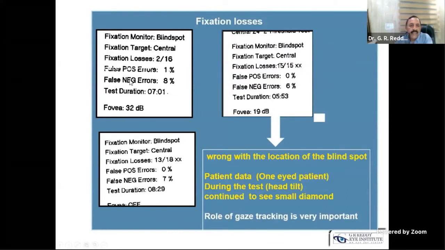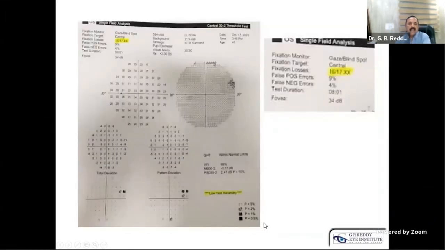I told you 100% fixation loss may be due to the wrong eye being entered during the test. I showed you this when I talked about the grayscale, and the value of gaze tracking. See, in this field, someone actually sent it to me and I talked on the phone.